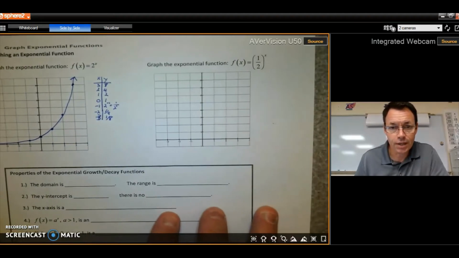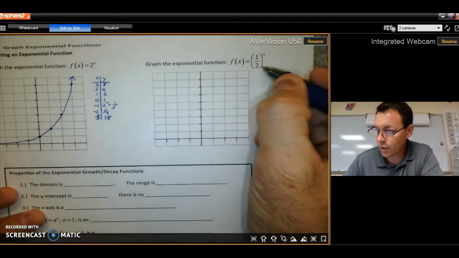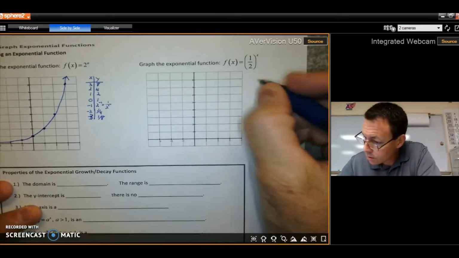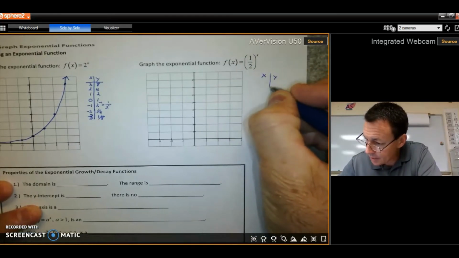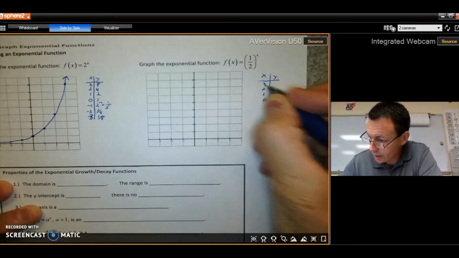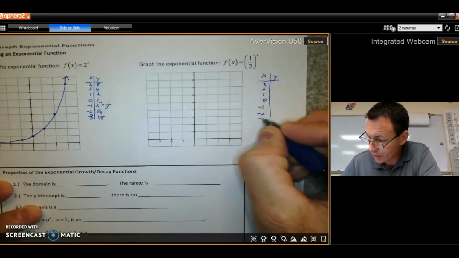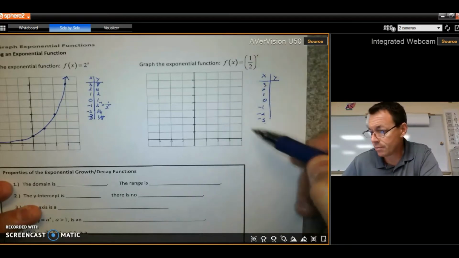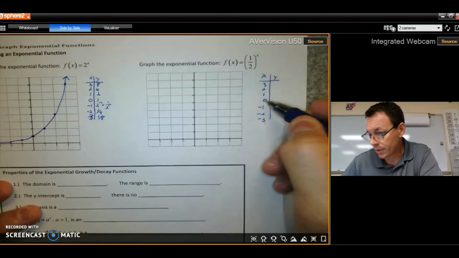Over here, I've got another one. Now this one has a different growth factor. The base is a fraction. So I'm going to put in the same numbers, 0, 1, 2, 3, negative 1, negative 2, negative 3, and we're going to see how this base is affected by these numbers. So we're going to plug in a 0.